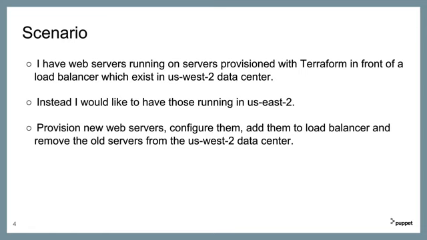Instead, I would like the web servers to be running in the East Coast data center. So what I would like to do is provision the new web servers in the East data center, make sure they're configured with the software that I need to run my services, and then I want to remove the West target servers from the load balancer, and instead have the load balancer push the load off to the servers in the Eastern data center.